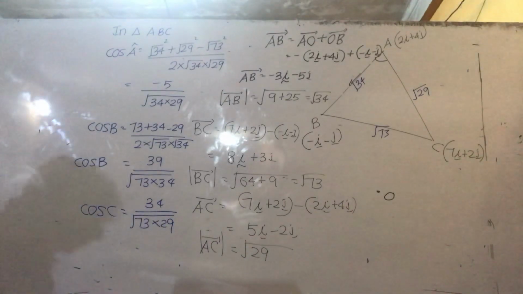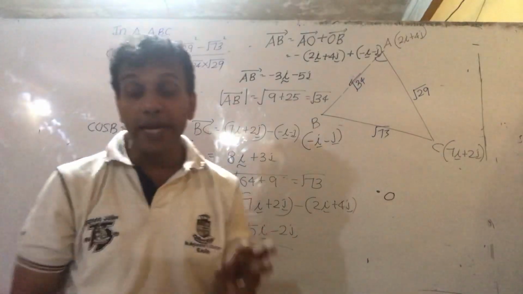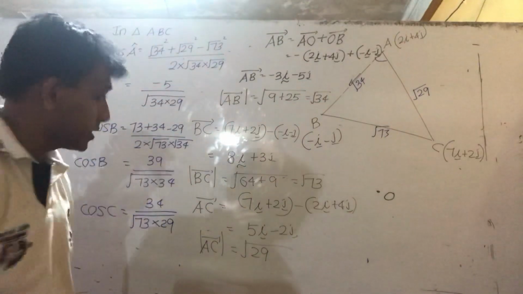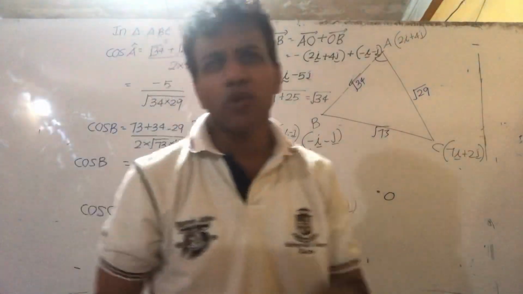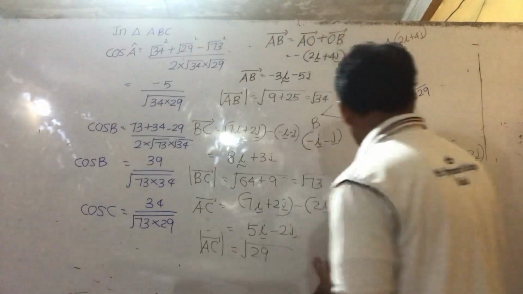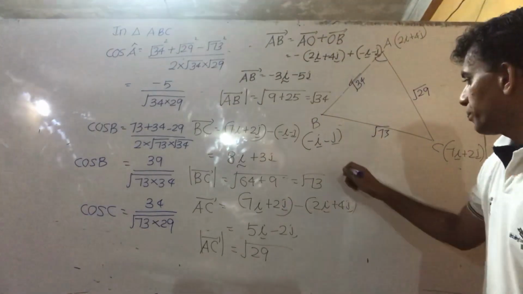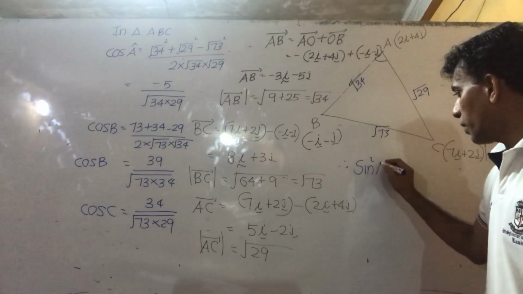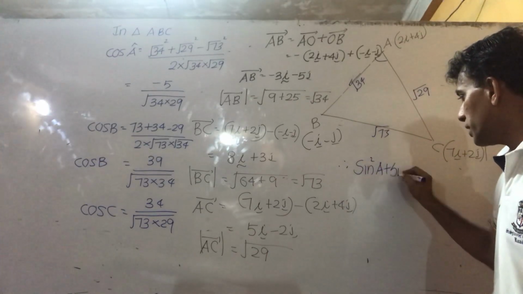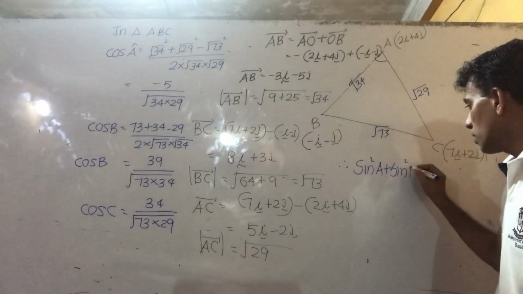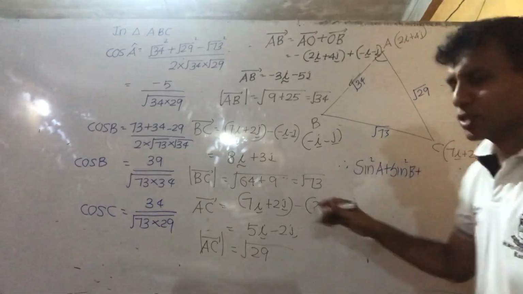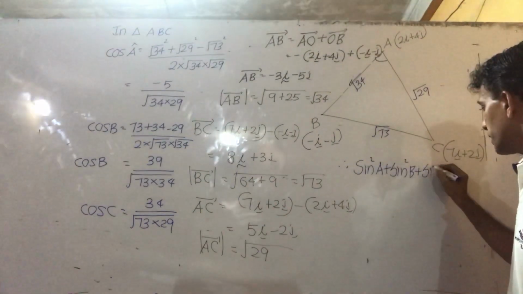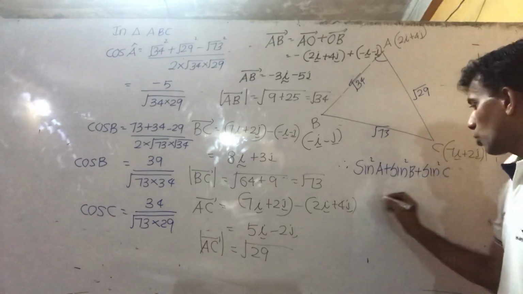Next, show that sine square A plus sine square B plus sine square C equals the answer. So how? If you know the cos, you can go to the sine. So if I write, therefore, sine square A plus sine square B plus sine square C. The values are big but the answers are not a problem, the ideas are the important thing, right?